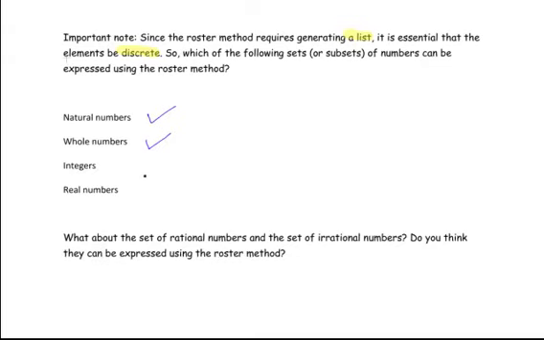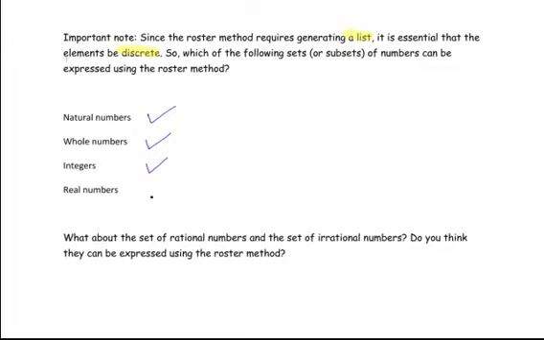How about the set of integers? Absolutely. It is an expanded set from here. It brings in the -1, -2, -3 and so on, but still moves in discrete increments. So yes, the set of integers can be written using the roster method. How about the set of real numbers? Well, we saw in our example, the set of real numbers are on a continuum. They are continuous. We cannot list real numbers.